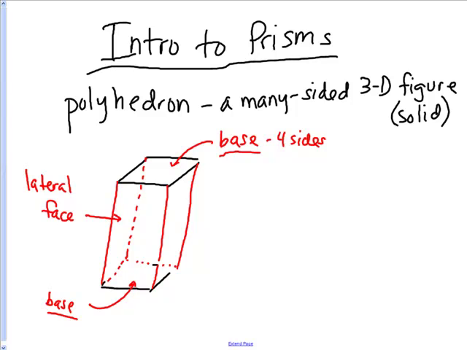If the angle between the base and the lateral faces is a right angle, then it is called a right prism.